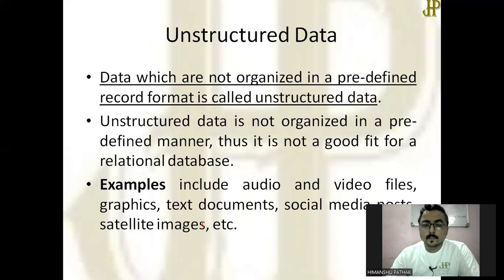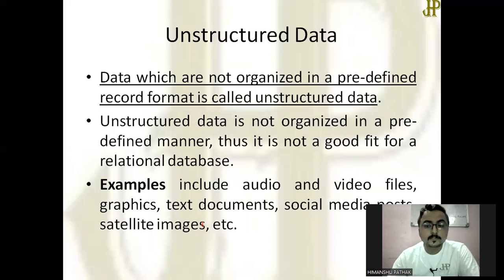Okay. So, unstructured data is not organized. Thus, it is not a good fit for a relational database. For example, audio and video files, graphics, text documents, social media posts like comments, likes, satellite images, all are of different formats and they have to be taken care of differently.